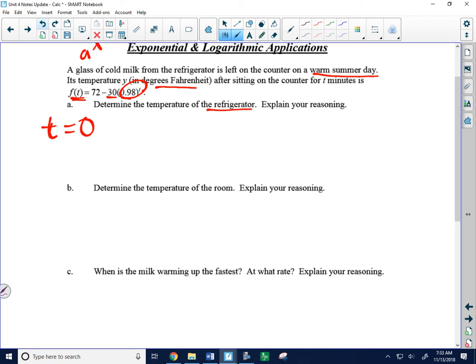So basically, the question is f of 0. We're just going to plug in 0. So you'd have 72 minus 30, and anything to the 0 power is 1. So it's 72 minus 30, which is 42 degrees.